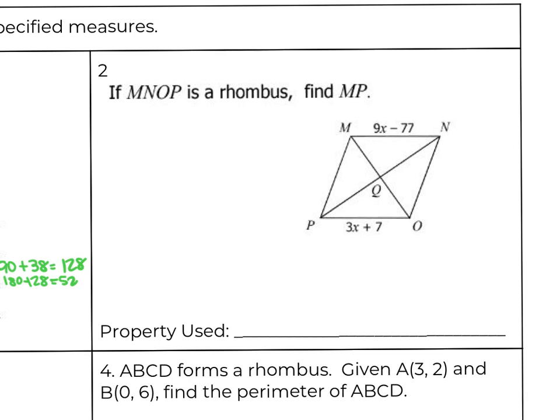All right, they give us 2 sides, and on a rhombus we know all 4 of the sides are congruent. So if I have 2 congruent parts, I can simply set them equal and solve for x. So I'm going to subtract 3, add 77.